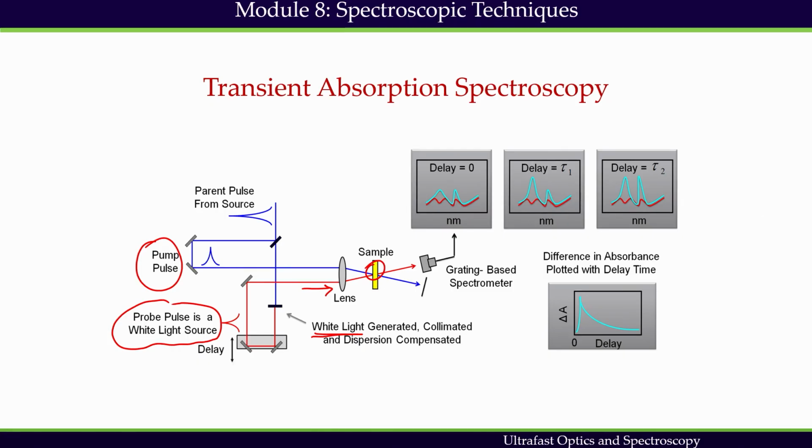Transient absorption spectroscopy employs a pump probe scheme in which the time evolving absorption spectrum of an excited sample is monitored using a continuum white light probe pulse. A broadband white light probe pulse can be generated using self phase modulation.